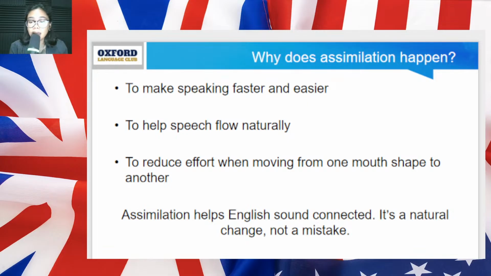Second, assimilation happens to help speech flow naturally. Now, let's use a simple analogy. You can think about a river that flows smoothly. Connected speech with assimilation is like that river. If sounds do not change and remain very distinct, like separated, there can be tiny awkward stops or bumps between words.